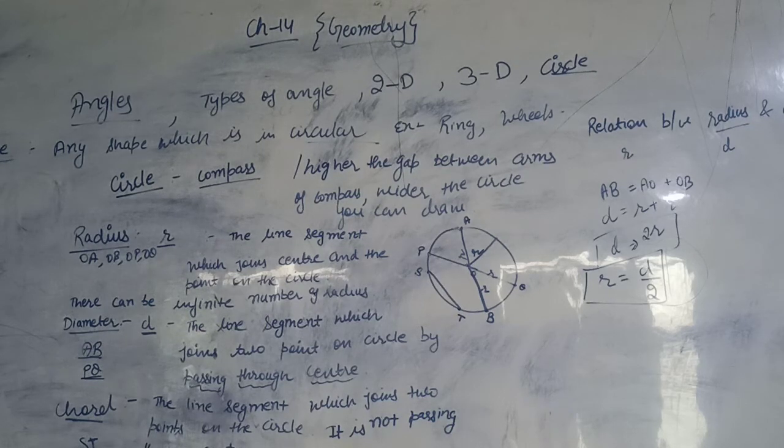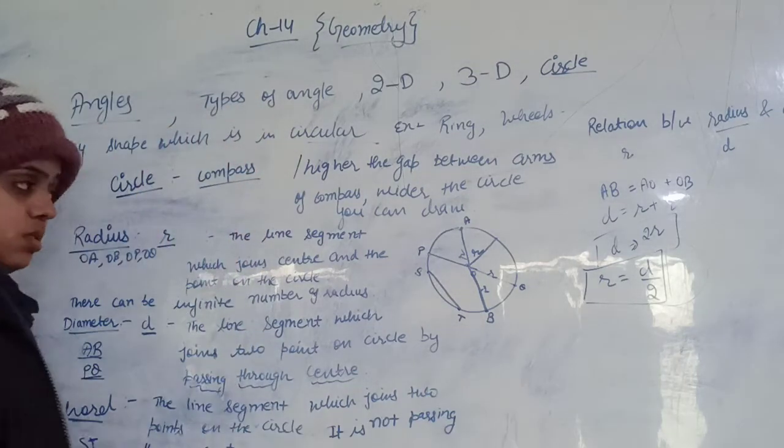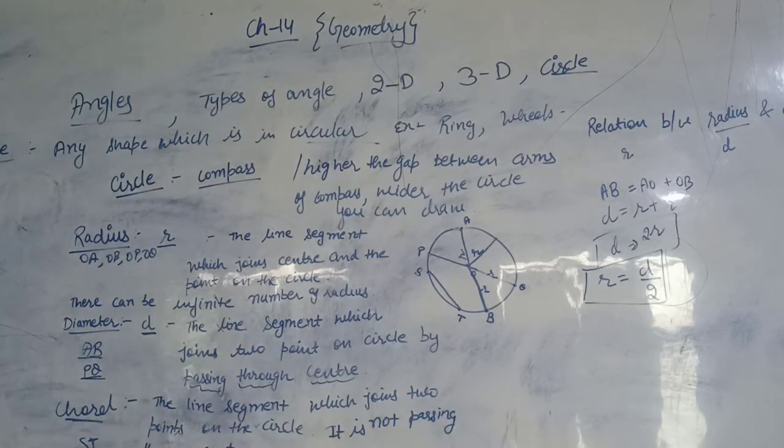And same like the radius, a circle has uncountable number of arcs. You can increase this gap, you can decrease it, that depends on you. So what is arc? The part of a circumference between 2 points is known as arc. Clear? So this is all about the circle.